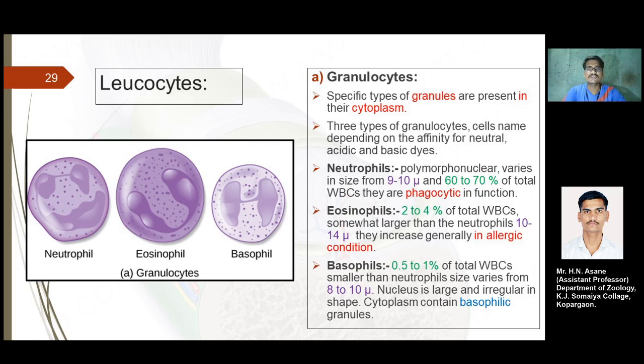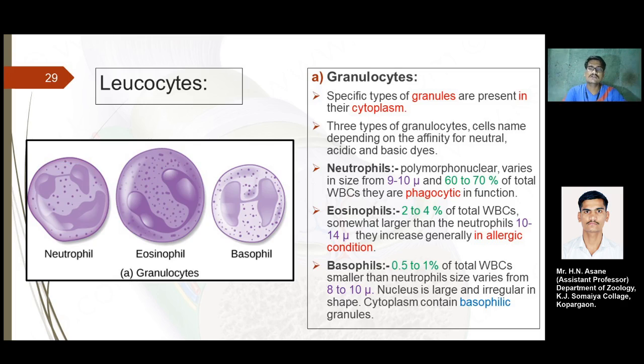The next one is eosinophils. The eosinophils have affinity towards the acidic dyes, hence they are known as eosinophils. And acidic granules are present in these eosinophils.